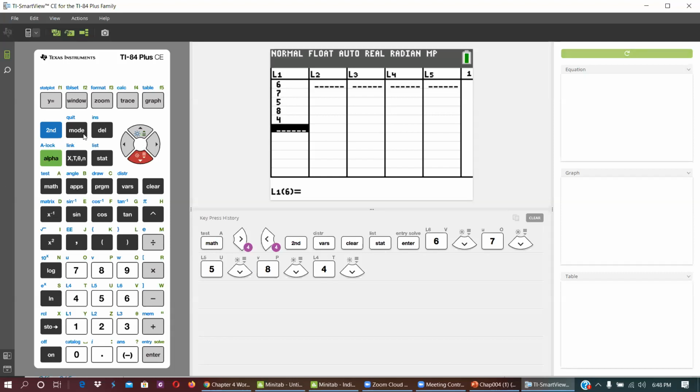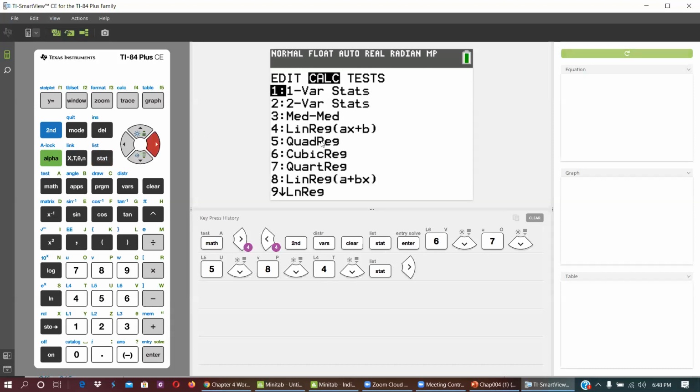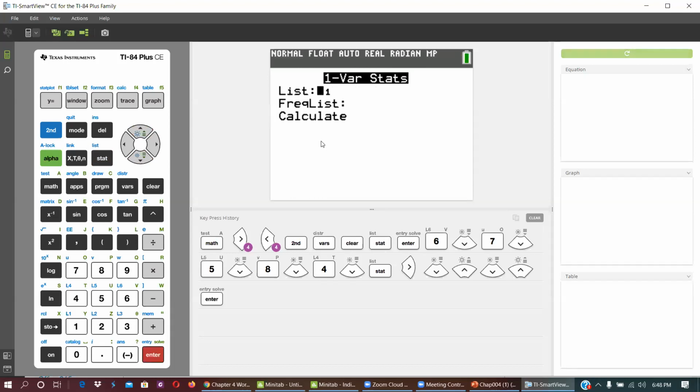Now again I go to Stat, then you have the option Calc. Now here we have one-variable statistics and two-variable statistics. In chapter 4, what are we doing so far? One-variable statistics. So I just press one-variable statistics.